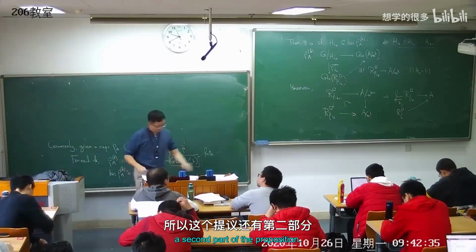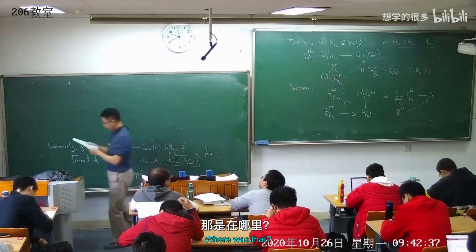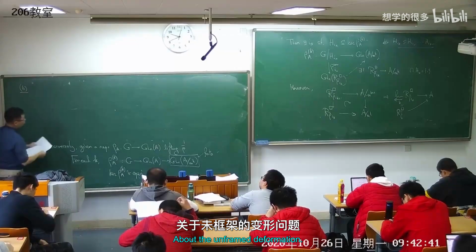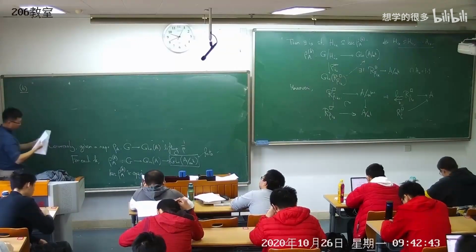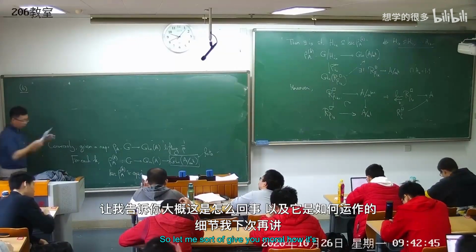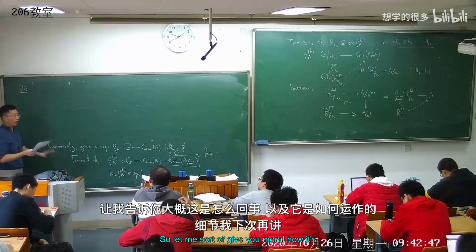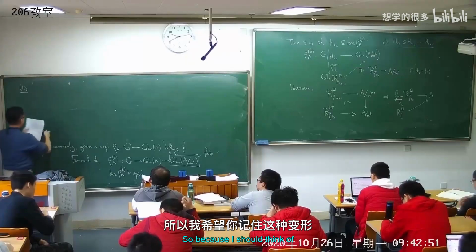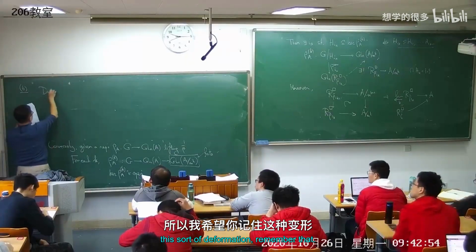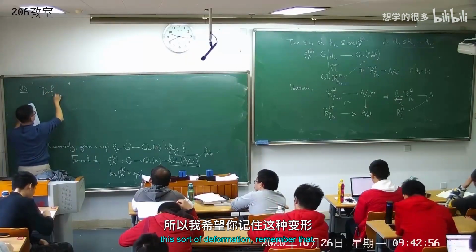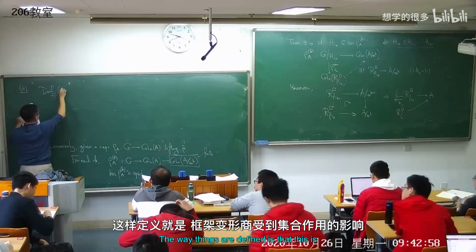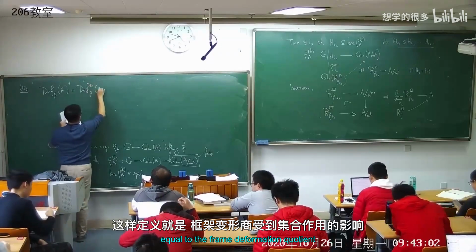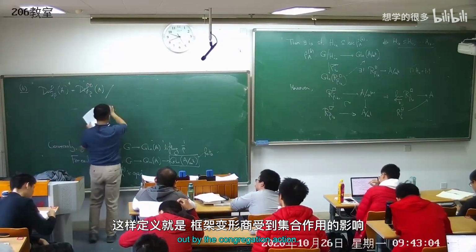So there's a second part of the proposition, about the unframed deformation. Let me give you morally how it works, and I'll give the details next time. Remember that the way things are defined, this is equal to the framed deformation quotient now by the conjugation action.